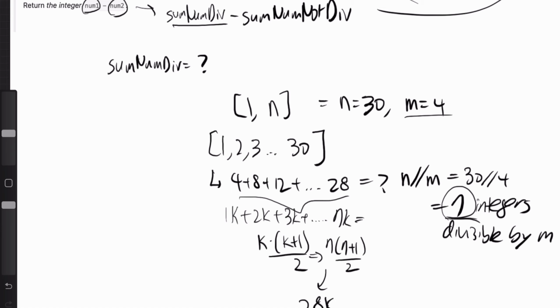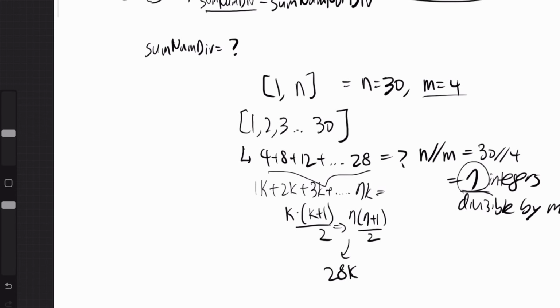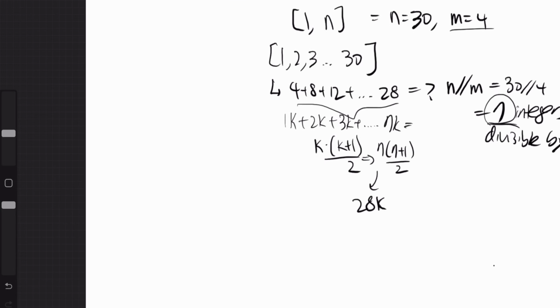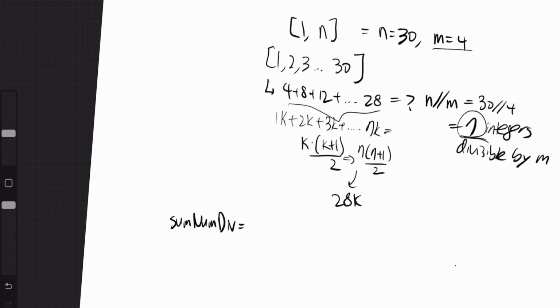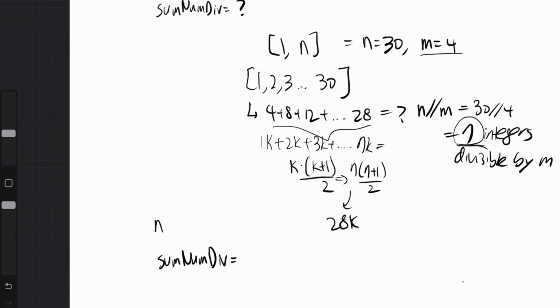And k we know is equal to 7, yes? So 28 times 7. If we were to simplify this, I'm going to create a variable here.